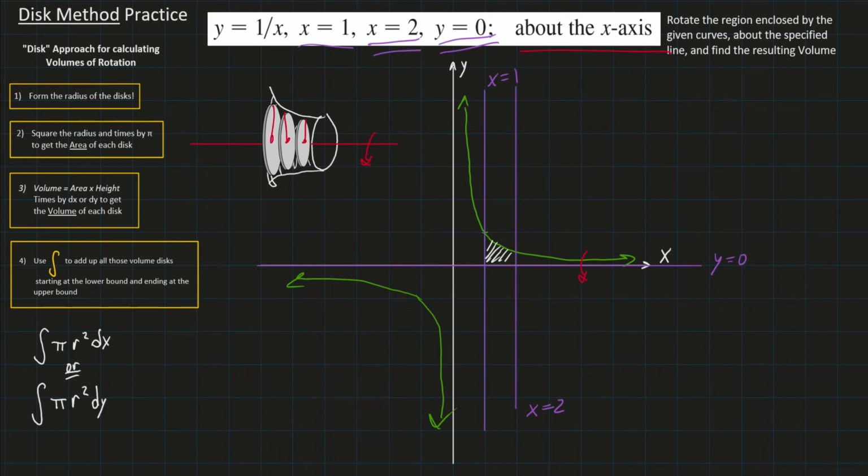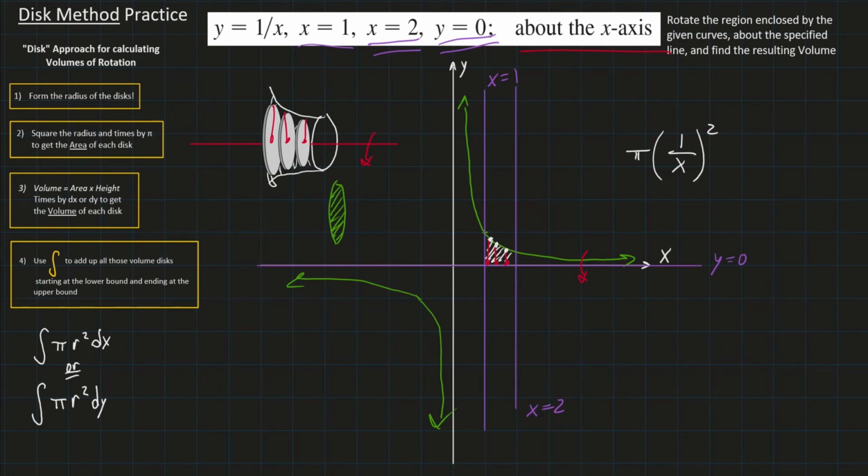On our main graph, here are their radii. These radii are the y-coordinates of these points. So I need an equation which gives me the y-coordinates of these points. Boom, that guy. So 1 over x, plug in an x, and I get a radius of a disk. I want to square each one, times it by pi. That'll give me the area of one of these disks.